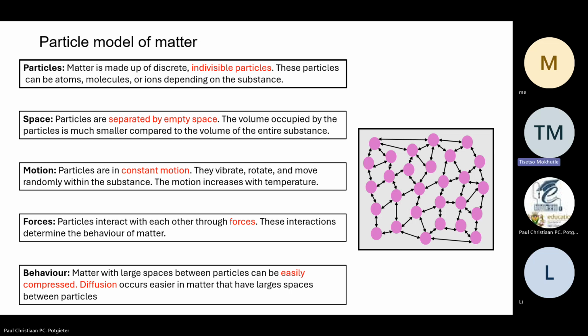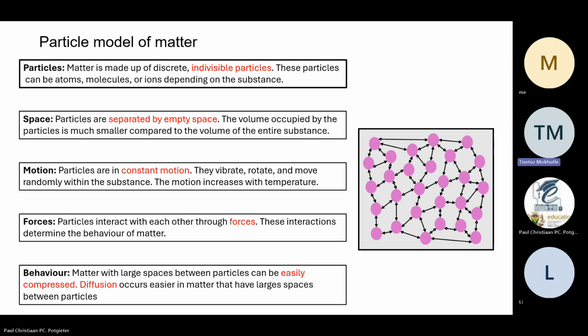Okay, the other thing about the particle model of matter is about motion. Those particles don't just exist there, they are always in motion. In the case of a solid, they vibrate. And then in the case of liquids, they rotate.